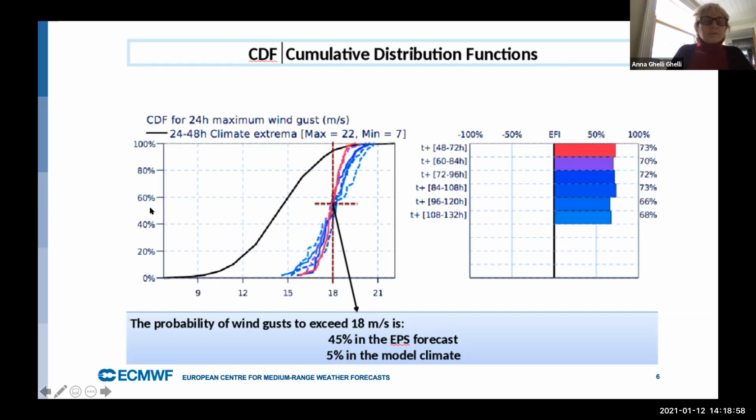So 55% of not exceeding 18, and 45% of exceeding. So 45% of the members are above this, and 55% of the members are below 18. This is the line that defines the 18 meters per second. So 55 members are on that side and 45 members are on that side.